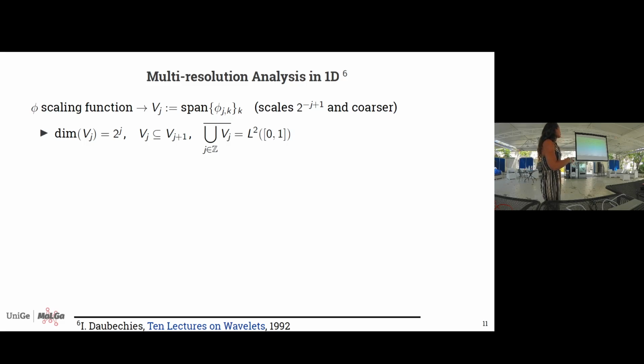The dimension, with k from 0 to a certain number, is 2 to the power of j. And if we take the closure of the union of the Vj, we obtain the space L2 of 0, 1.